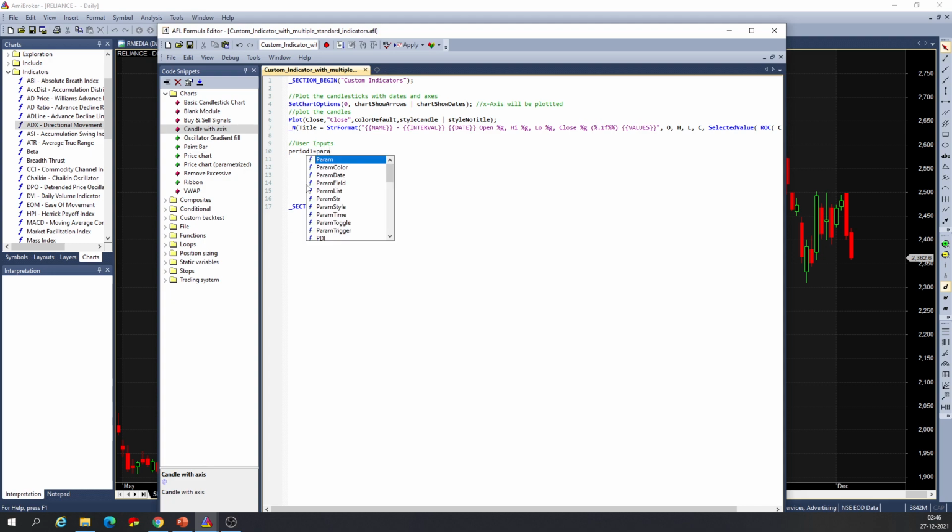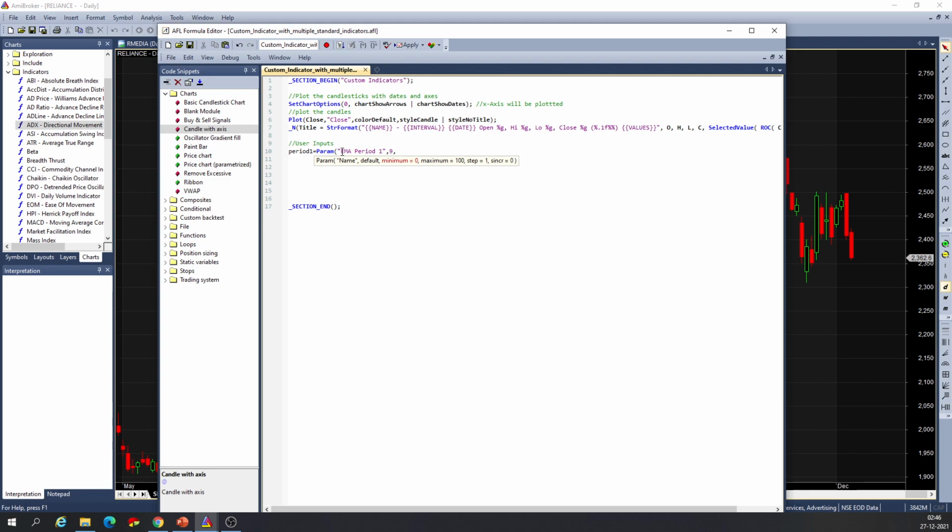So we'll say param, and then it will show you what other things you need to give the function as input. So here we will say EMA1, EMA period 1, then default I'm keeping it as 9.